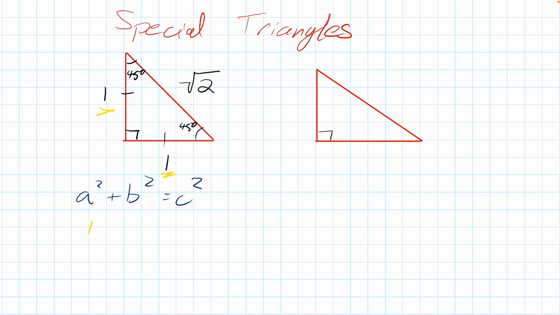So 1 squared plus 1 squared is equal to c squared. 1 squared and 1 squared are both 1. So we have 1 plus 1, the classic math fact, which is 2. And then when we go to isolate c, we square root both sides, and we end up with root 2 as the hypotenuse.